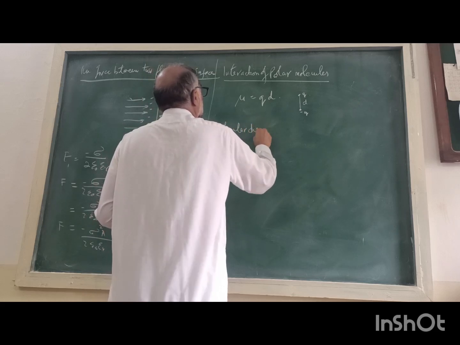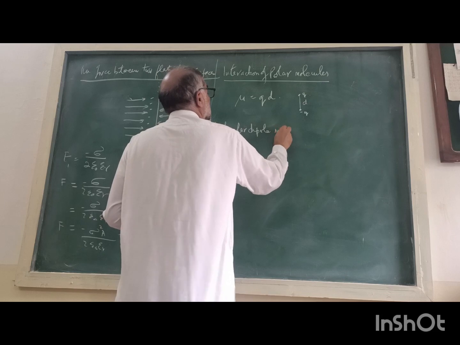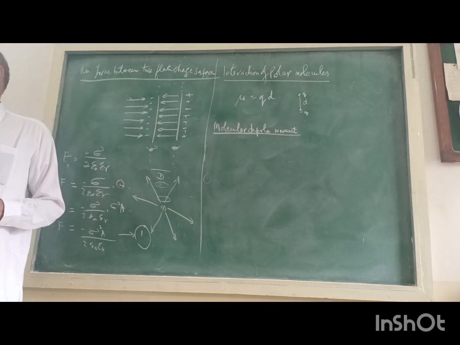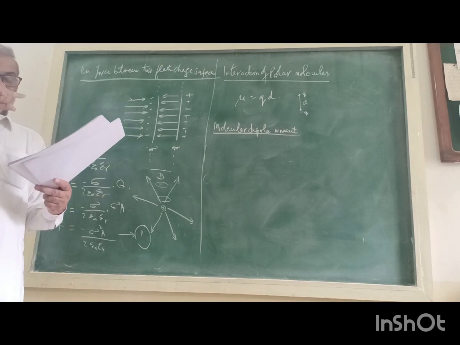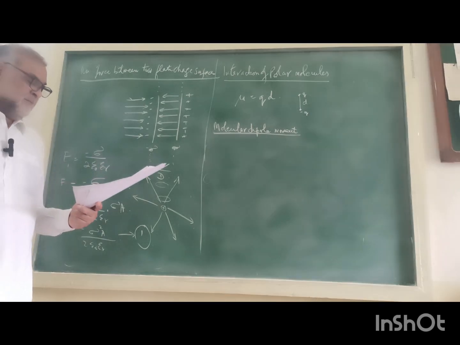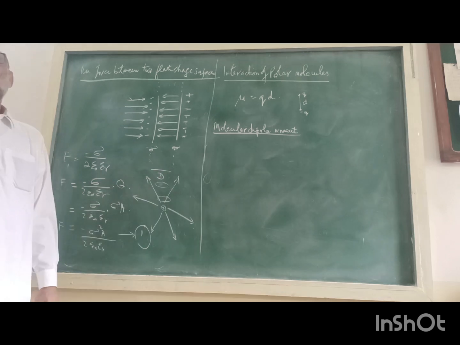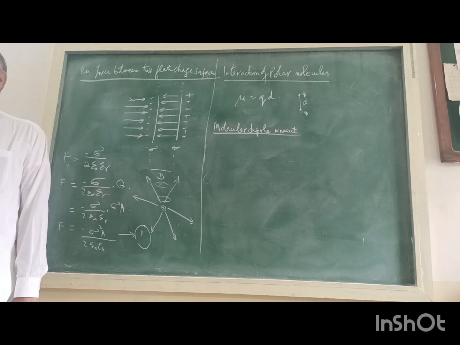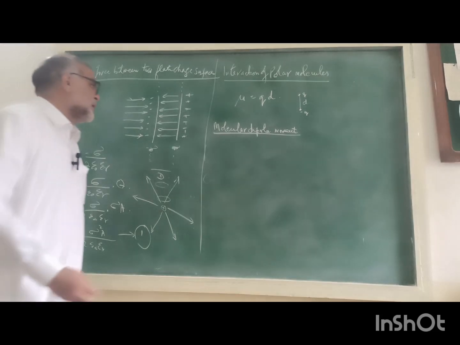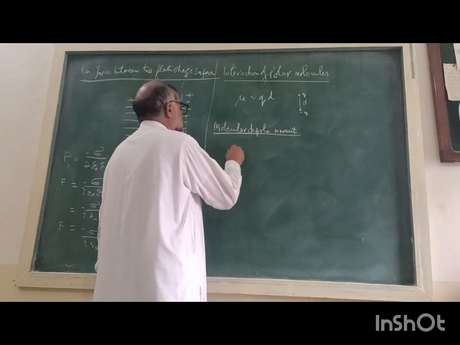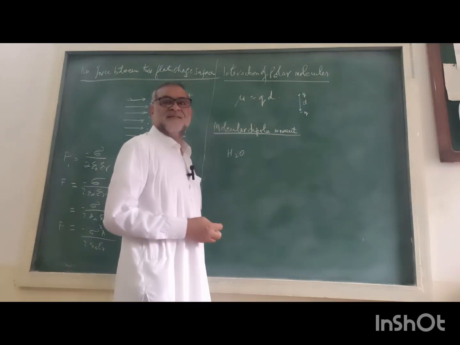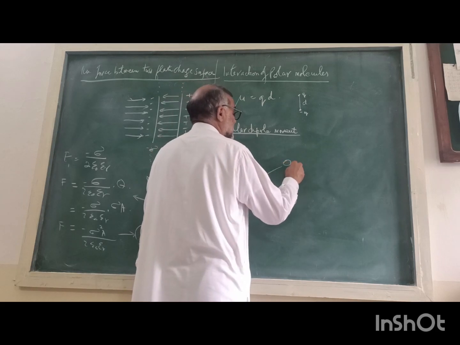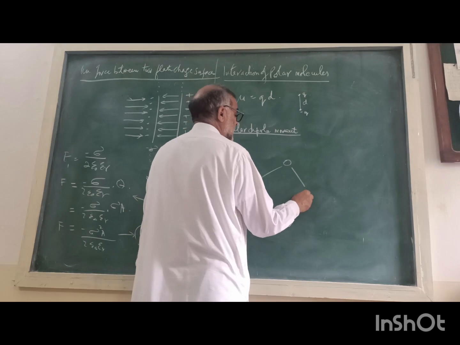Molecular dipole moment. Some atoms are more electronegative, and some are less. For example, if we talk about the H2O molecule, that is oxygen and that is hydrogen and hydrogen.